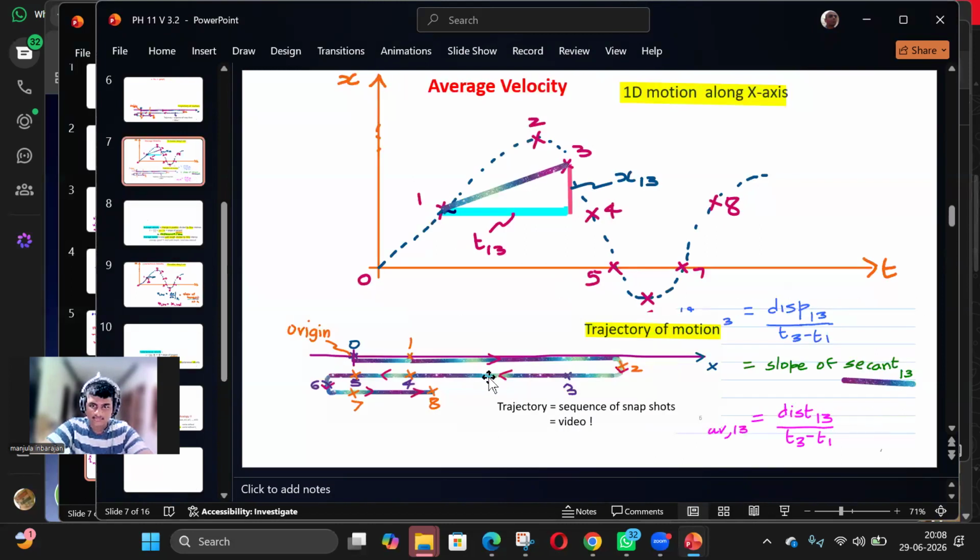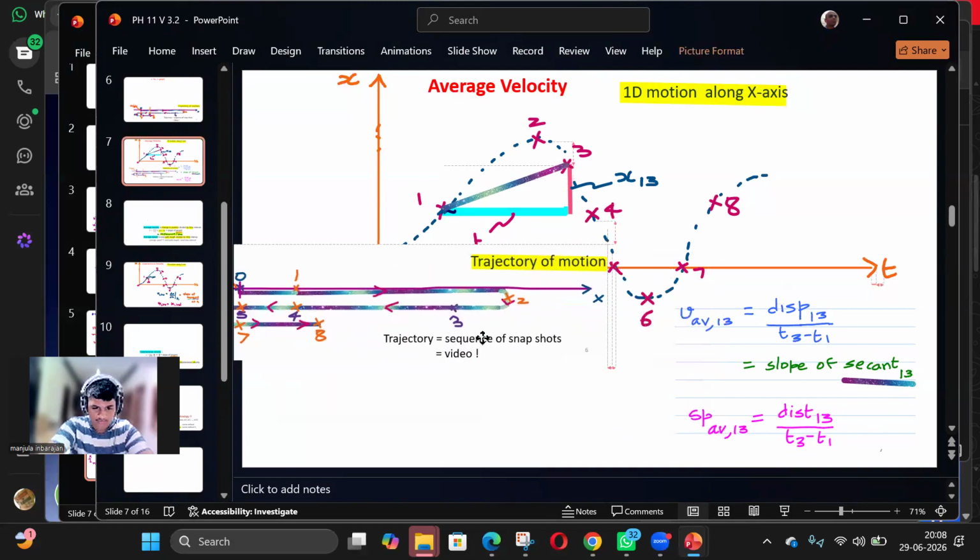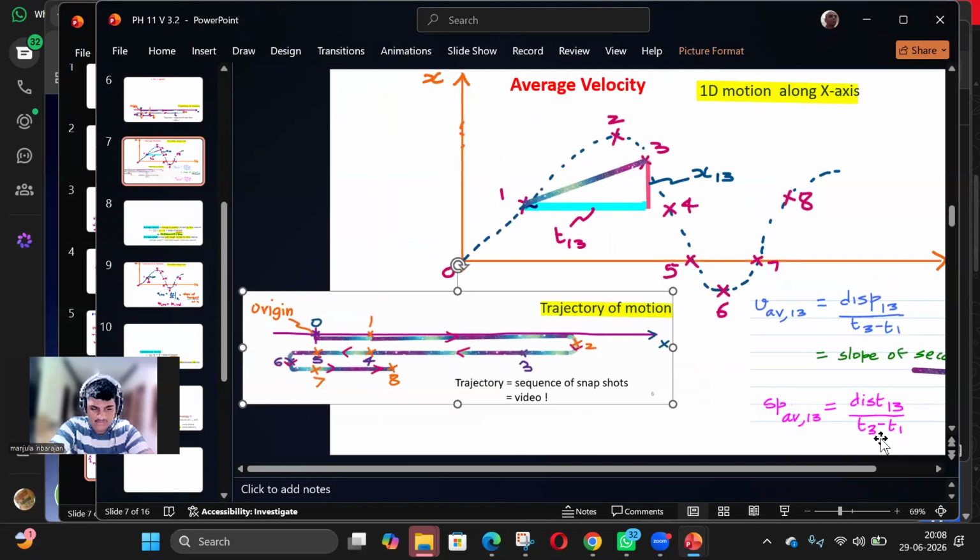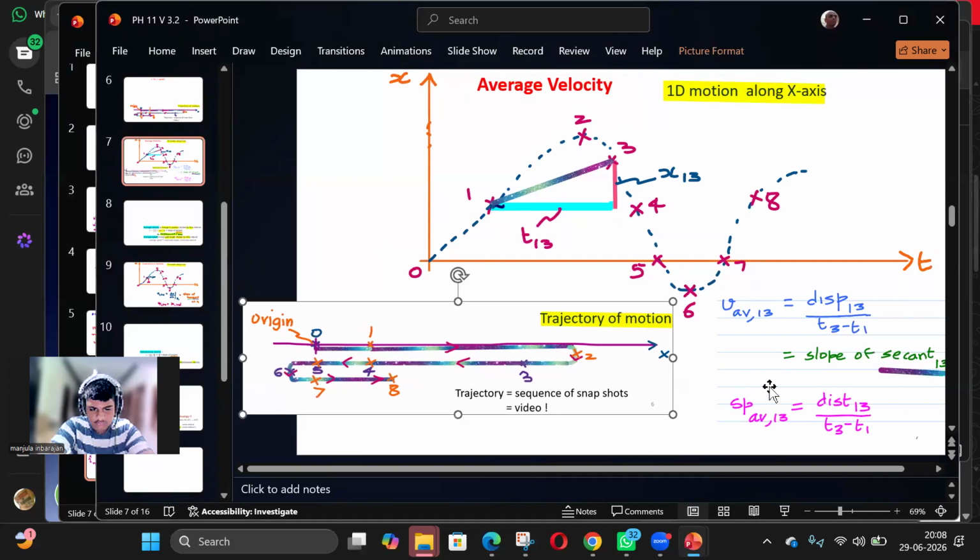Average speed is different. You have to take the path length traveled between the two time instants. So it will be 1 to 2 and then 2 to 3, divided by the time. The corresponding average speed is the distance covered between t1 and t3, divided by the corresponding time.